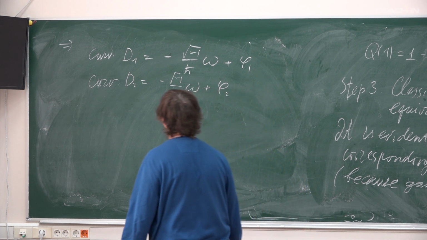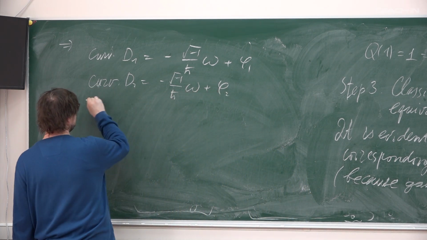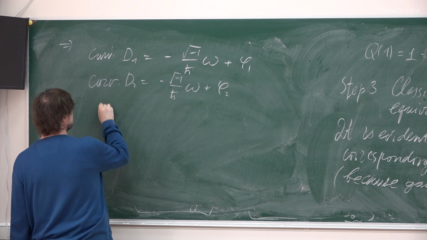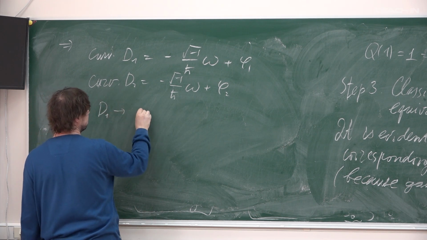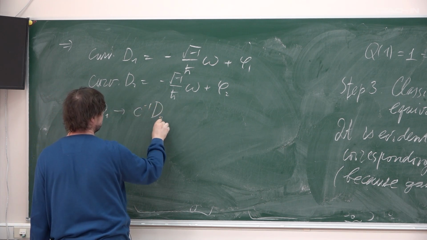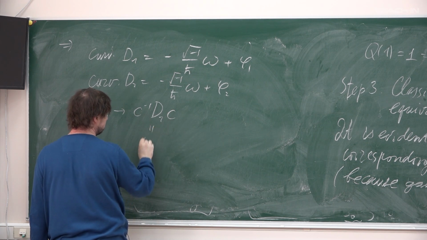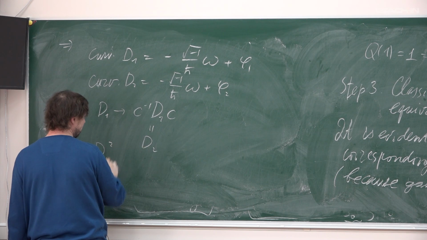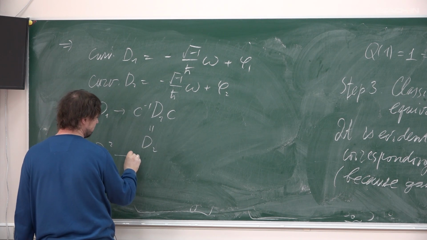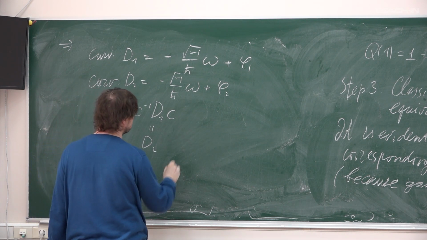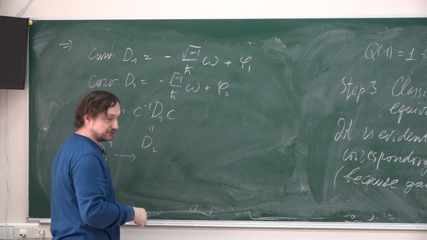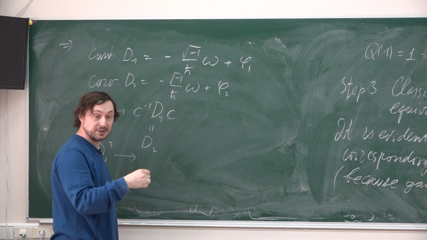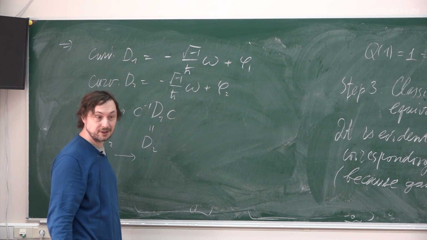So if we have a gauge transformation which sends D1 into C minus first D1 C, which is equal to D2, then D1 squared will be sent into, so C is a gauge transformation, so it's just degree 0 form, right?